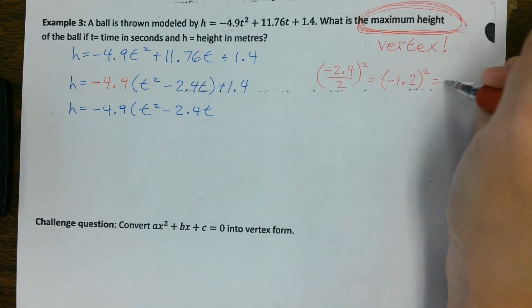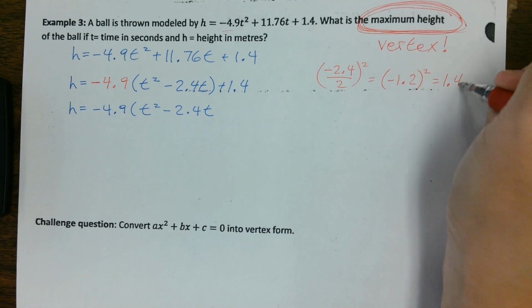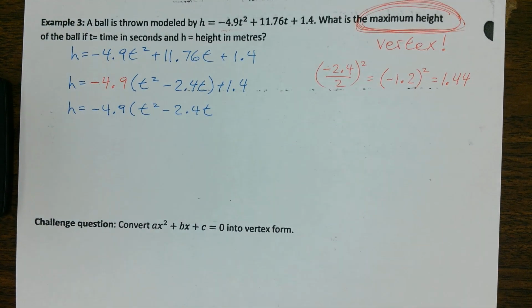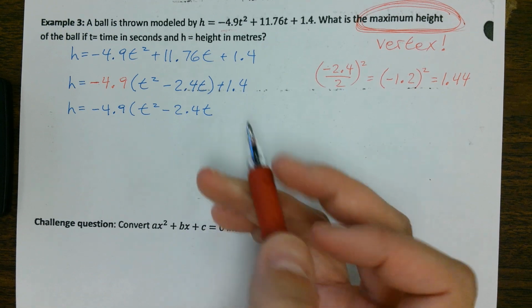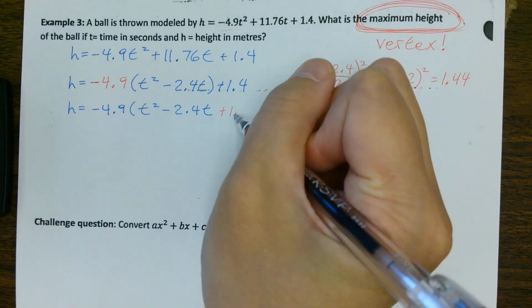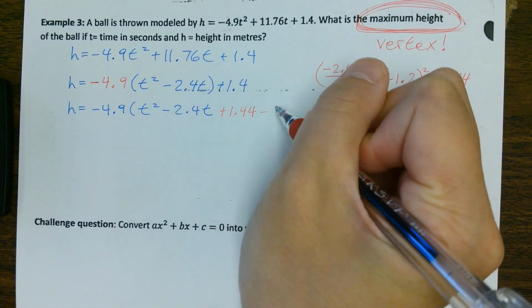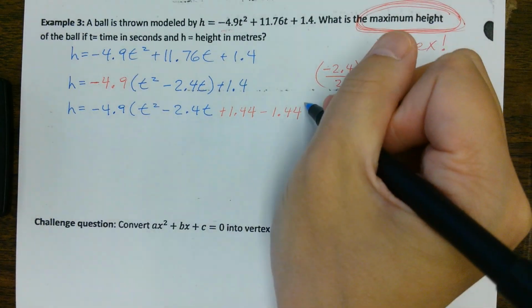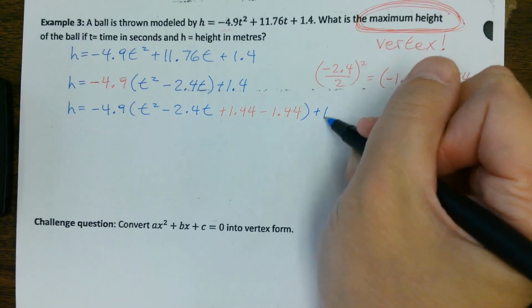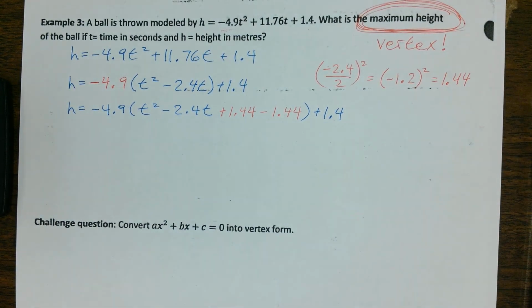And then when you square it, you get 1.44. Okay. So what do I write right here? That's it. Good job. Close the bracket and then plus 1.4, which is still there.